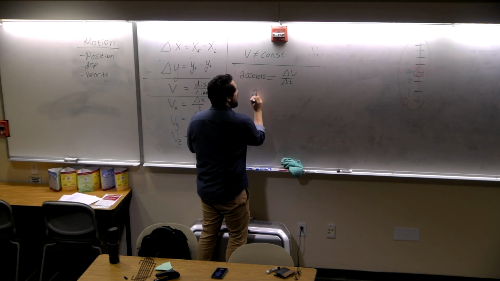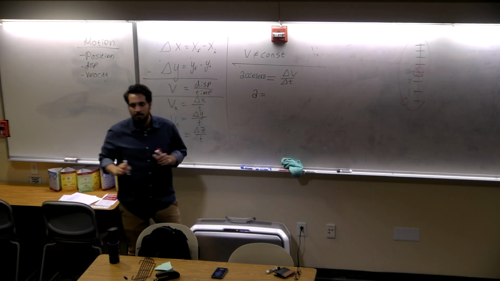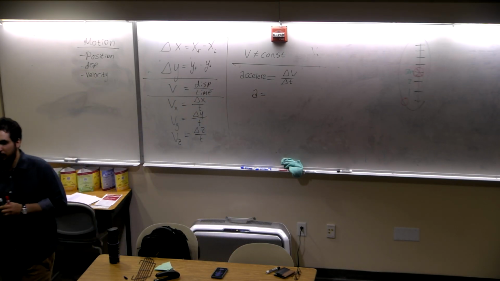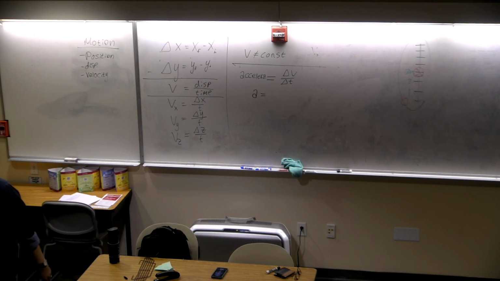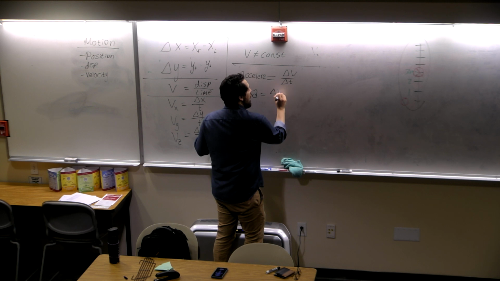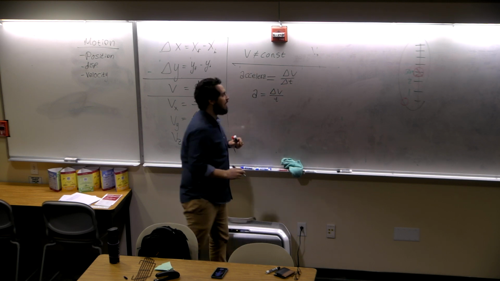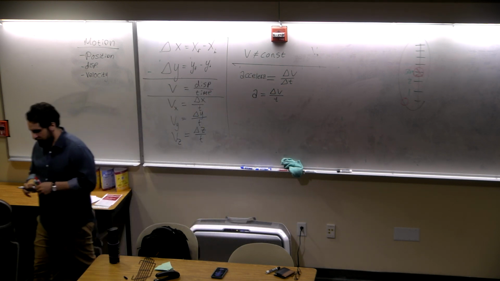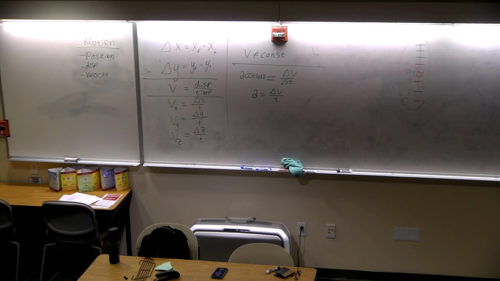Traditionally, we use the letter a to represent acceleration. Makes sense, first letter of acceleration. So a is delta v over delta t. This is how we typically might write it, where delta v is your final velocity minus your initial velocity.